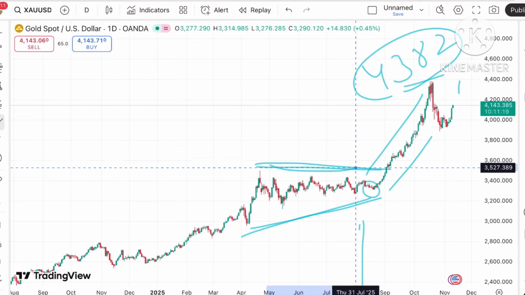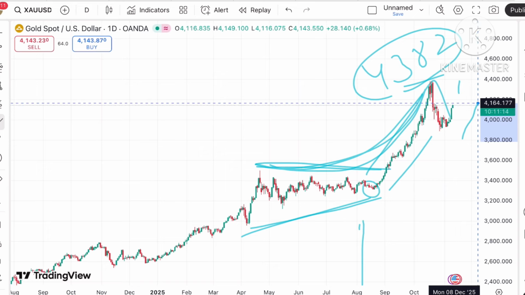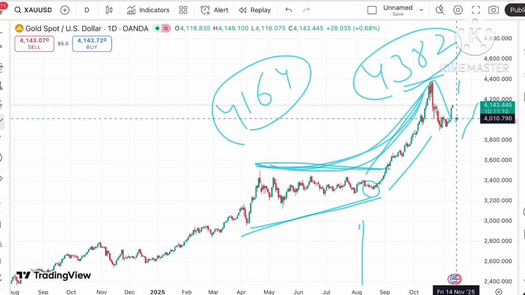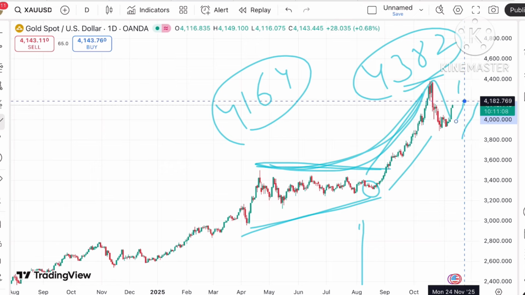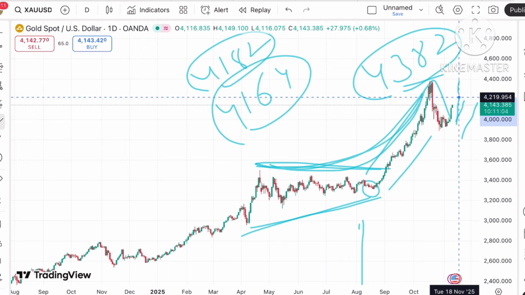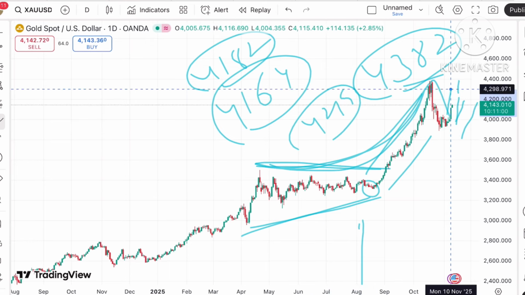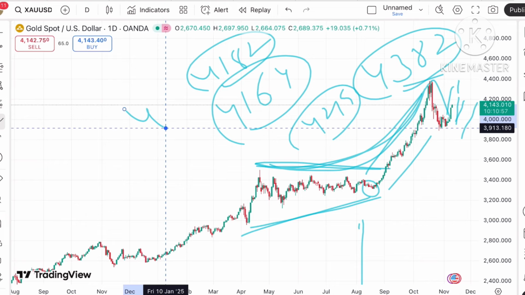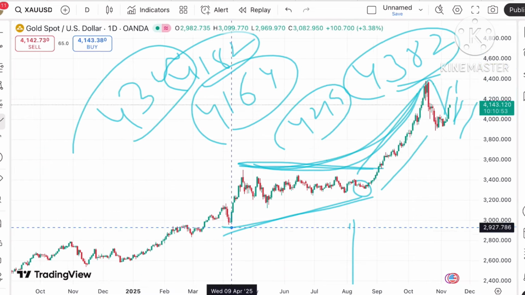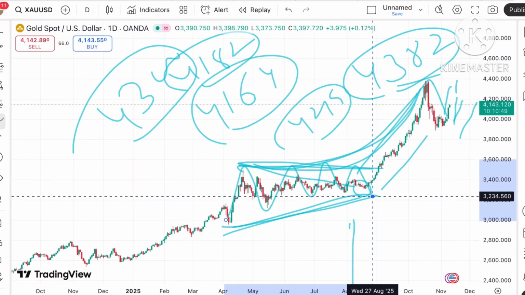Now this pattern is trying to create a new pattern, so chances are high that if the price keeps moving above this level, the probability of going towards 41.64 will be there, and if it moves above that, the probability of going towards 41.82 will be there. If that sustains, a further high can be seen above 42.19, and then a further upside showing the price can move above 4300.